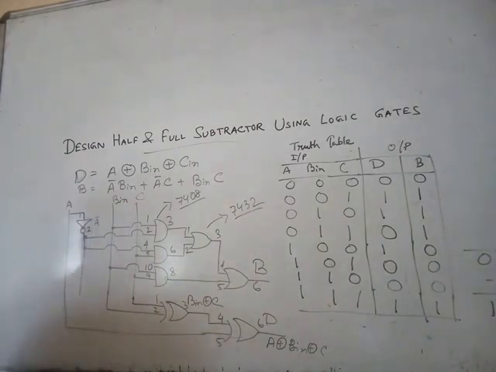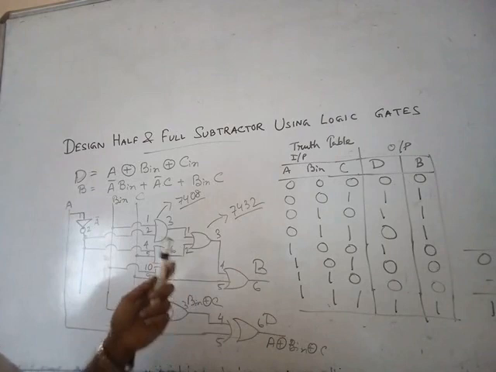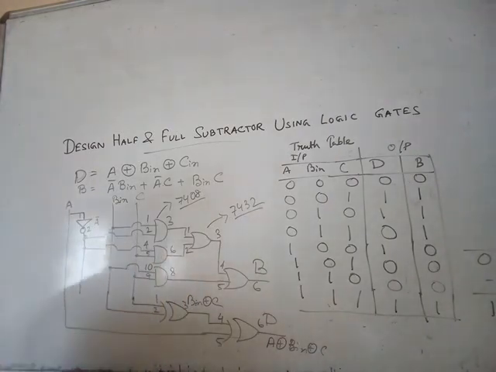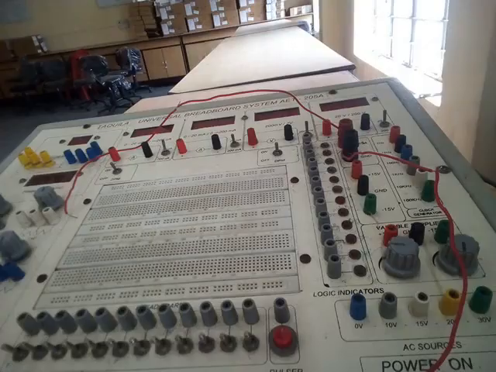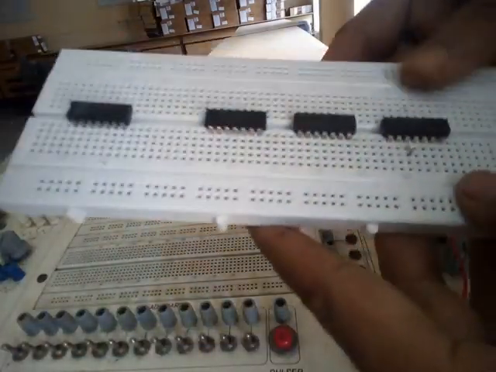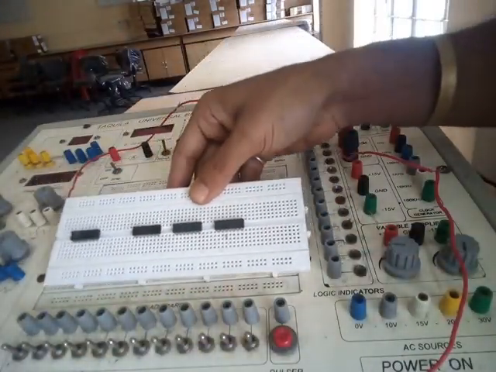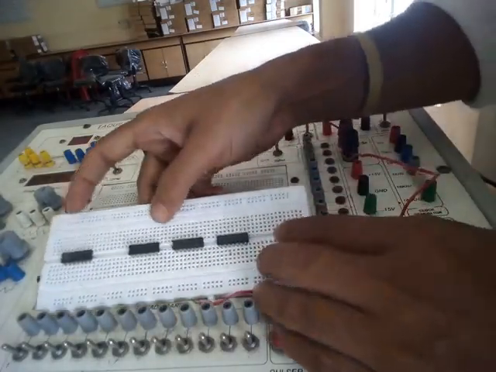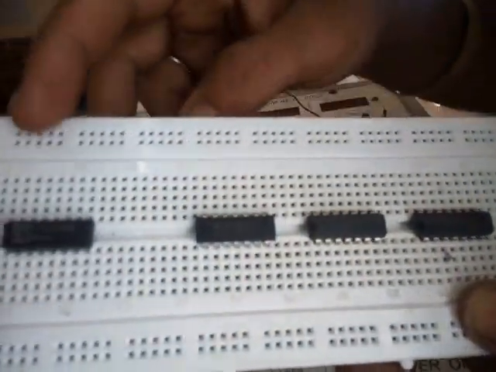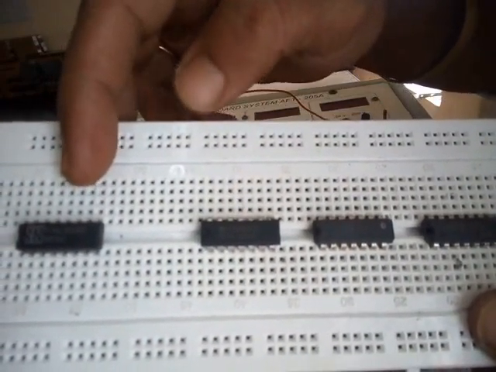It is very important. Now we go to the analog and digital trainer kit to design these circuits and tally the truth table. Okay, students, these are 4 types of gates. First of all, you can see this is NOT IC.